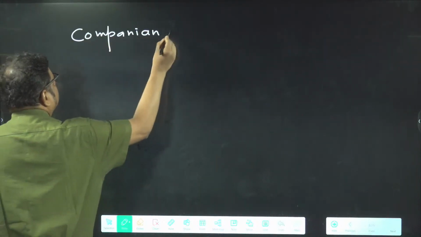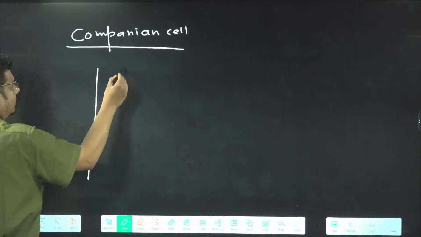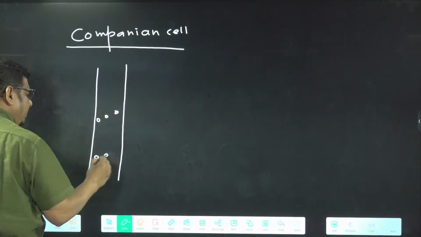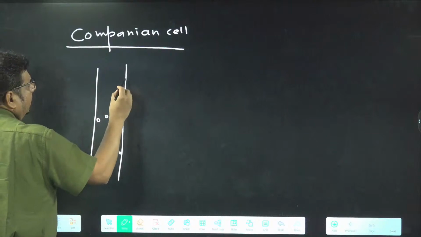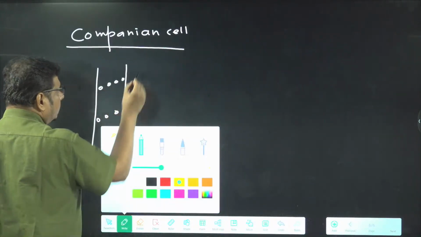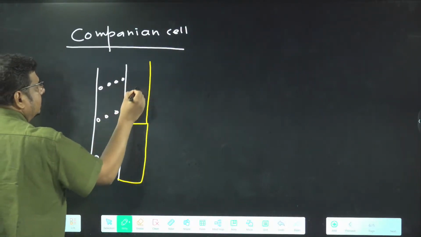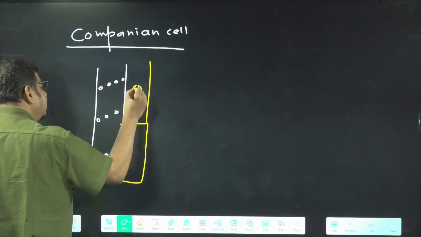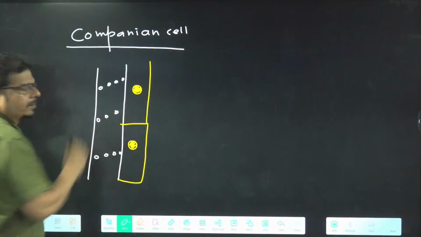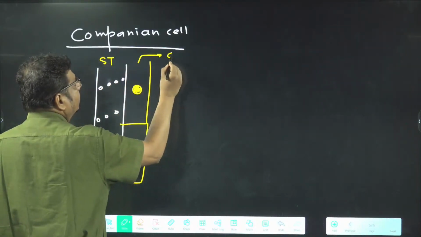If we talk about how the companion cell is present, I am telling you, this is the sieve tube, and here on the lateral side of the sieve tube, who is present? Companion cells are present, lateral in position to which one? The sieve tube. So this is the sieve tube and this is the companion cell.